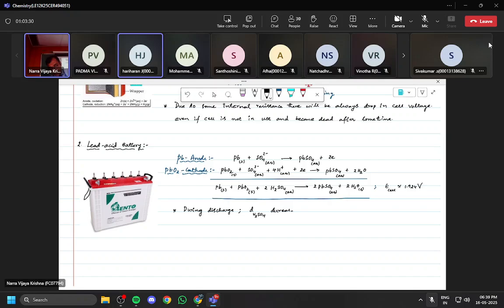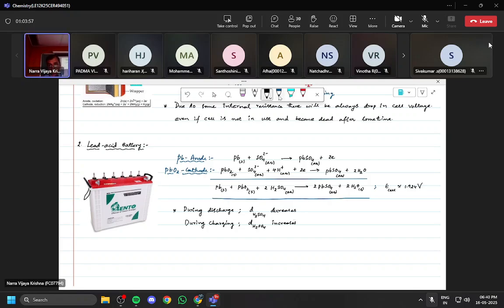During charging, what happens? During charging, the cell reaction becomes reversed. Then what happens to the density of H2SO4? Increases. Means as long as this keeps on working, the concentration of H2SO4 keeps on changing, right?